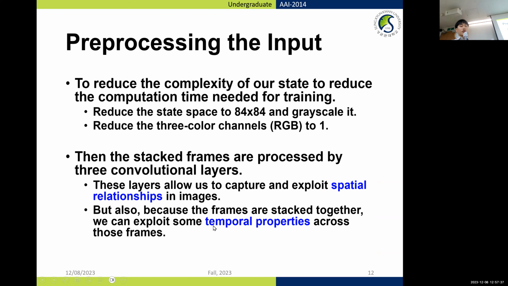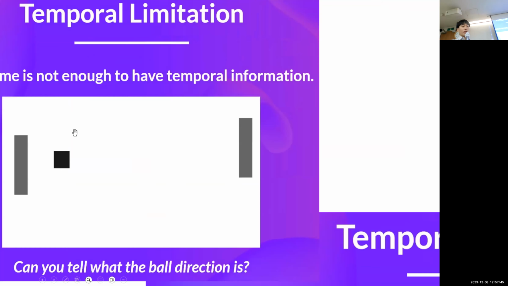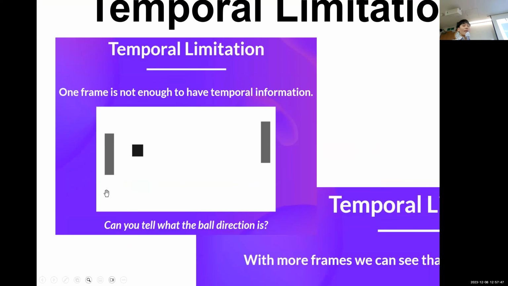Then we also need to keep the temporal property, because as you may see here, this is another game. If you just learn based on one particular frame, you don't know which direction this ball is moving toward, right? It can move in this direction, or this direction, but we don't know.